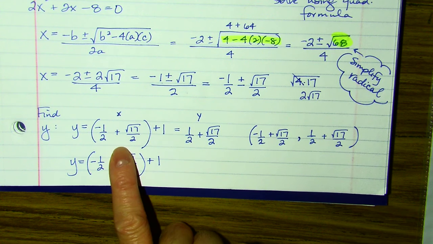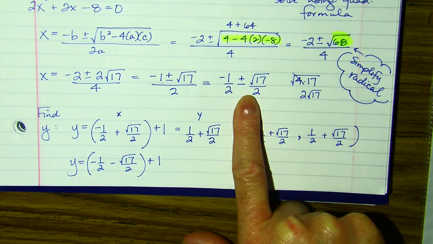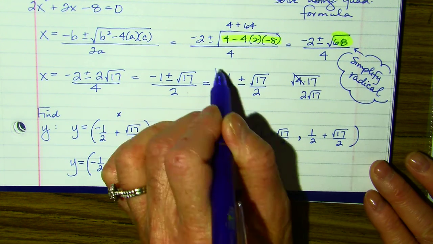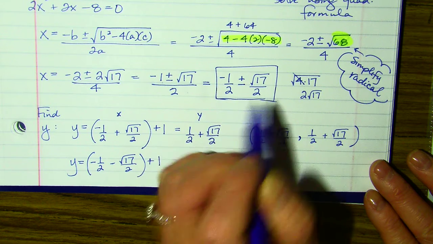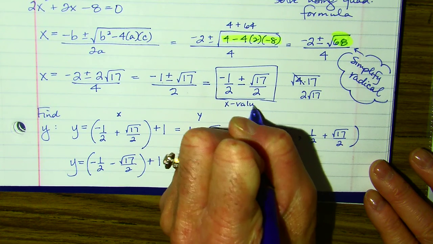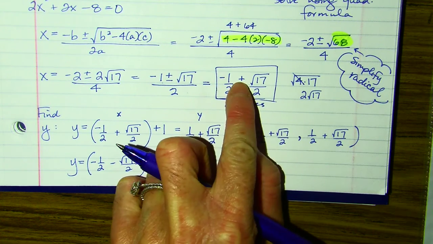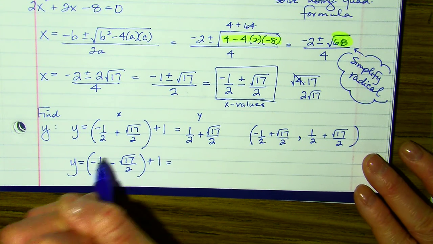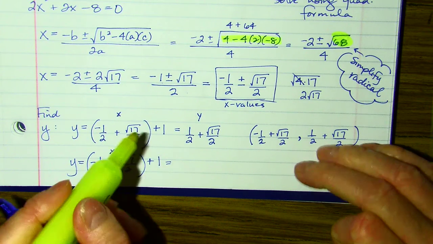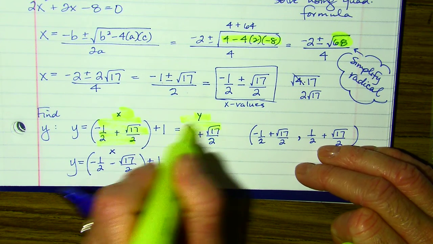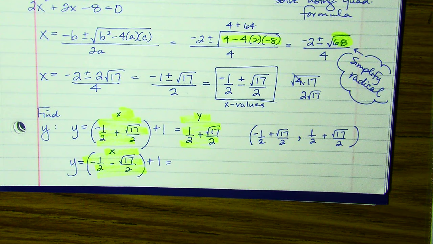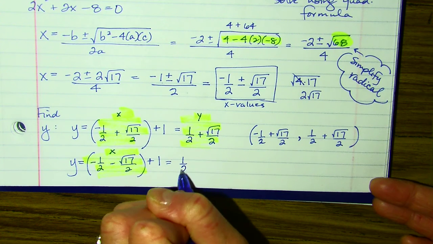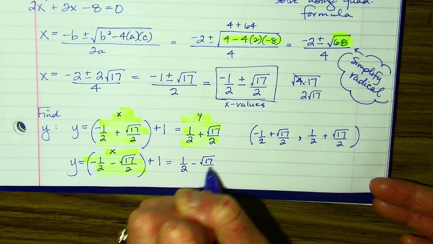So I plug this in for x. Remember, there are two different answers here. This represents x. So I'll label that. These are my x values, and one of them is negative 1/2 plus, one of them is negative 1/2 minus. Next one, again, this is what I plugged in for x, and this is what I got for y. The only two things I can combine is 1 minus 1/2, which again is positive 1/2 minus root 17 over 2.